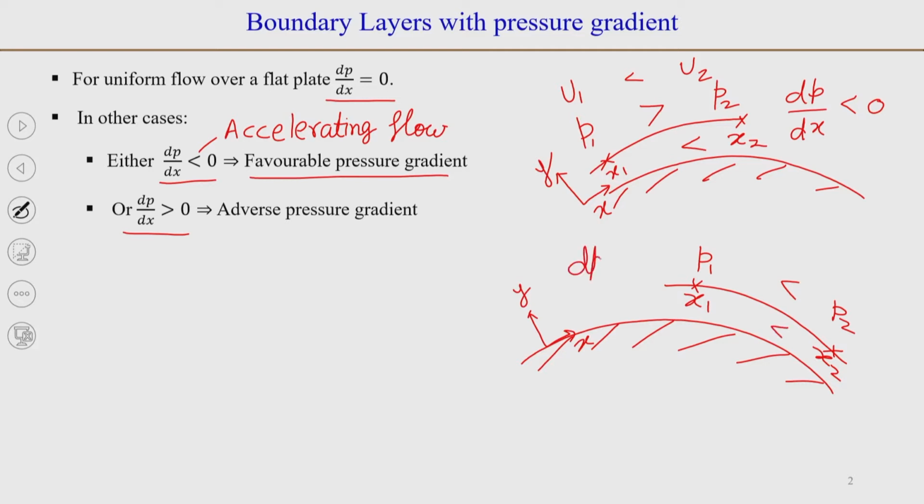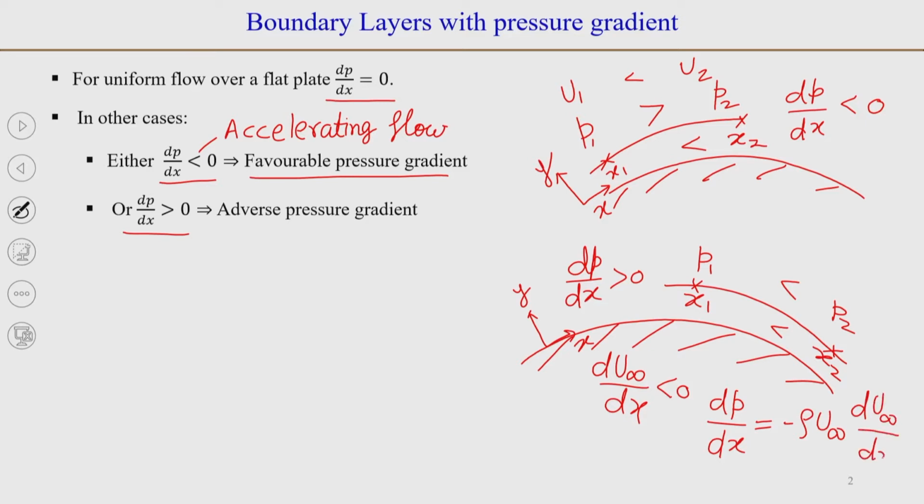So, you will have dP by dx greater than 0 and du infinity by dx less than 0. Remember from Bernoulli's theorem we can write dP by dx is equal to minus rho u infinity du infinity by dx. So, what will happen in this case: the flow velocity in the outer flow decreases as we move along it. So, the flow will be decelerating.